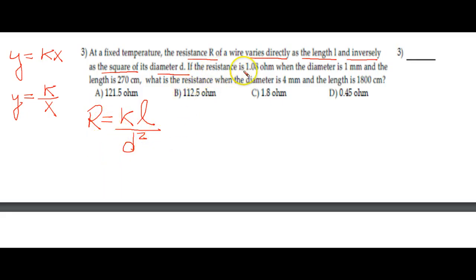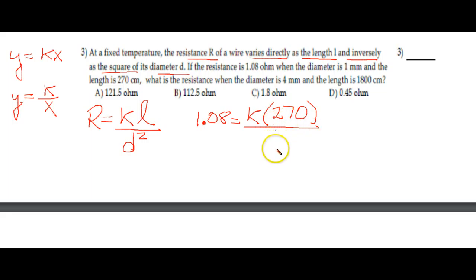So they're telling us the resistance is 1.08 equals k, our length is 270, and our diameter is 1 squared, which is just 1. So we can leave that as 1, or just leave it like that.